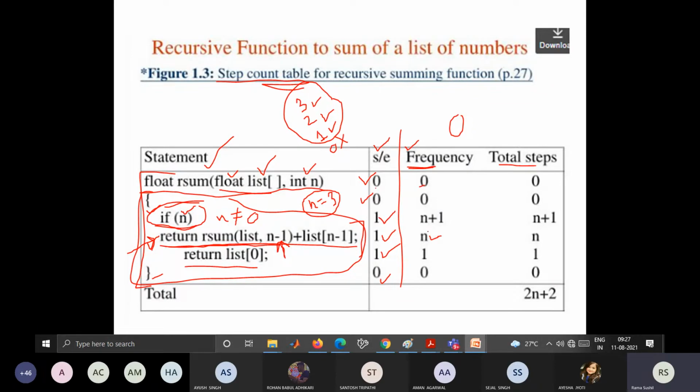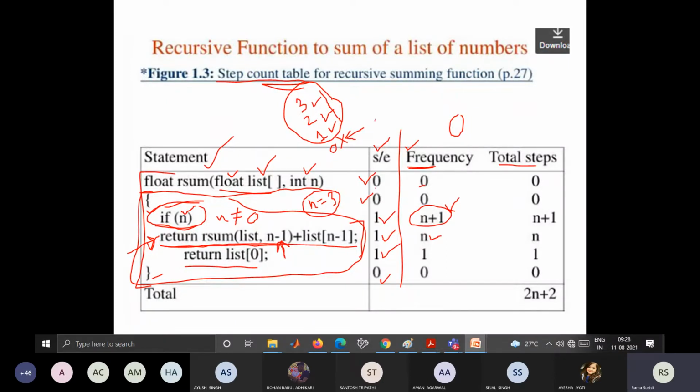I have described this one first and this later. Here it will execute n plus 1 times, because other than these 3, it will check the condition for 0 also. So it will execute one more time, while it will not go within the loop after the if condition check for the value 0.